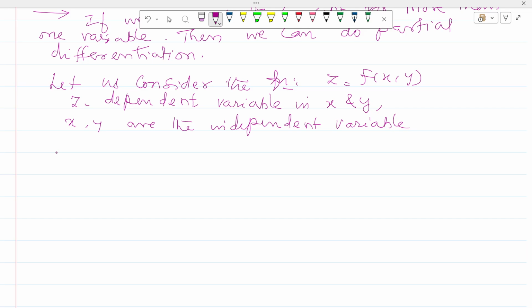If we want to differentiate this z equal to f of x comma y, then either you have to differentiate with respect to x, or you have to differentiate with respect to y. At the time we write the symbol dou. Dou is the symbol of partial derivative.